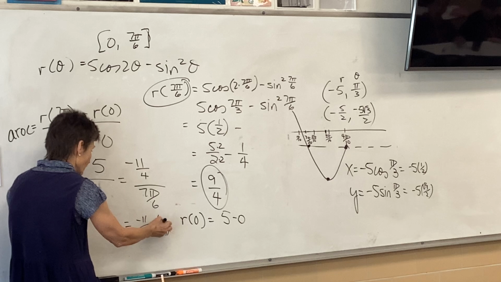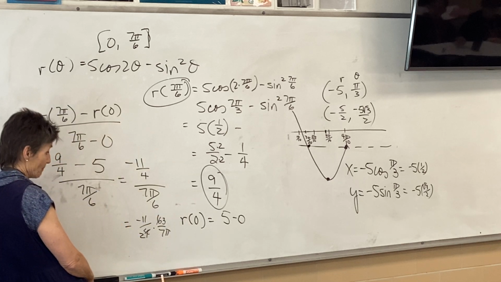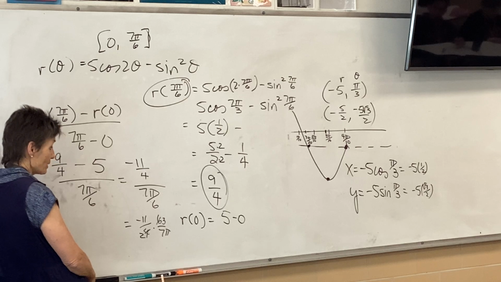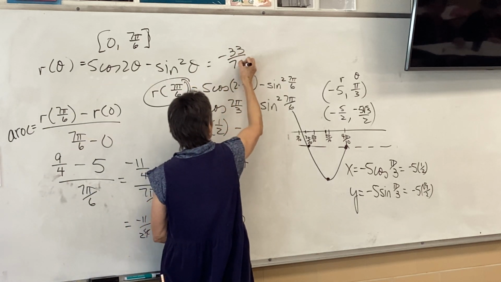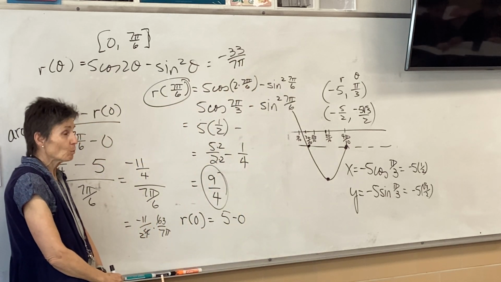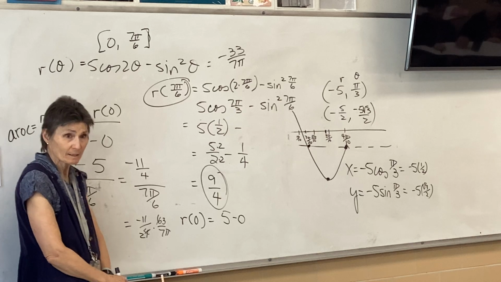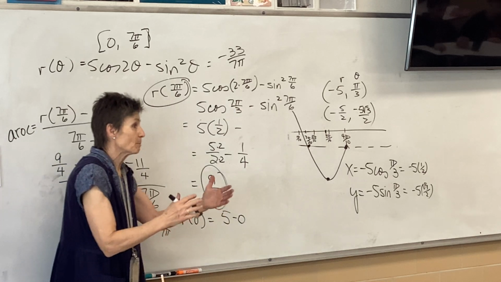Cancel a 2 out. So it looks like our answer is going to be negative 33 over 7 pi. And if that were in a word problem, it would have a unit. It's a slope, so it has a unit. It would be feet per radian.